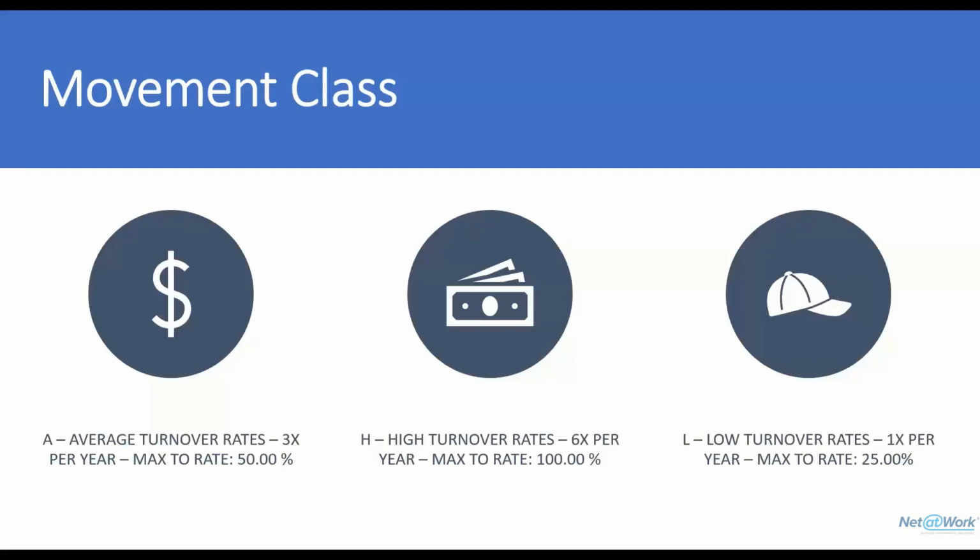This is another type and another way to look at counting your physical inventory. And don't necessarily go by the A, the H, and the L like that. Once again, just like in the ABC codes, you can decide your movement classes, whatever works for your inventory.